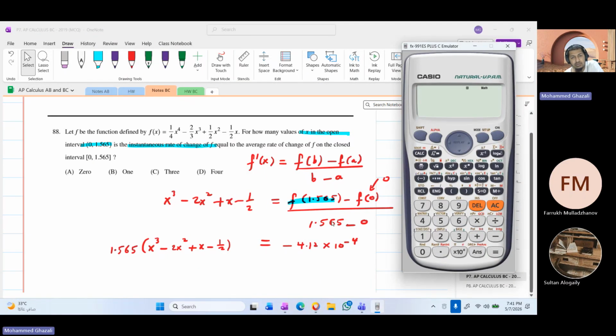I'm still confused about this. If you're substituting 1.565 inside here, why are you getting such a small answer? I'm substituting 1.565. Let me do the same thing. Let's check.